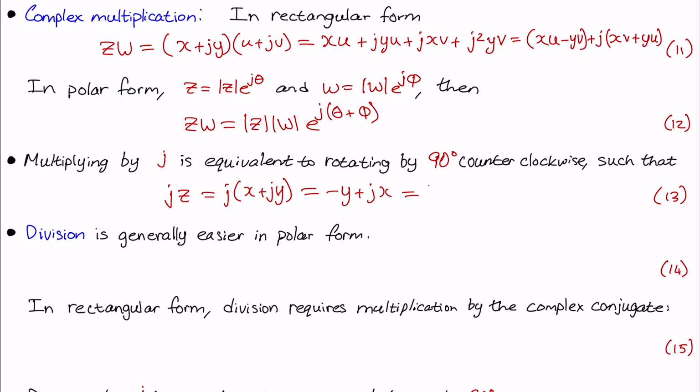And this is then equal to the magnitude of z times e to the j theta plus pi over 2, or plus 90 degrees if you're working in degrees. So multiplying by the imaginary constant rotates our complex number in the complex plane by 90 degrees.